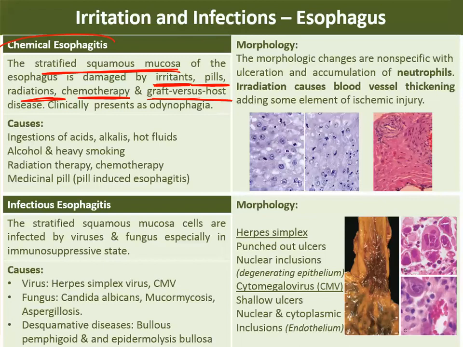See, graft versus host disease means you are taking a bone marrow from a donor and putting it in a recipient. For example, if a blood cancer patient goes for bone marrow transplantation, first we kill that person's bone marrow by giving powerful radiation.